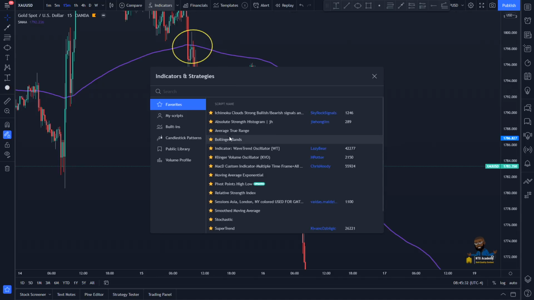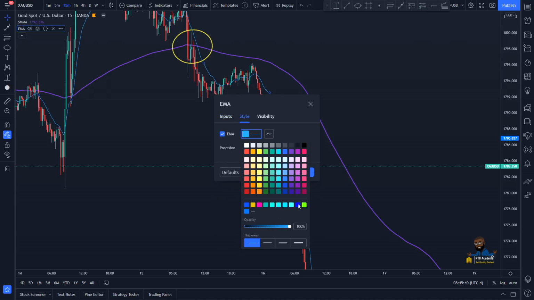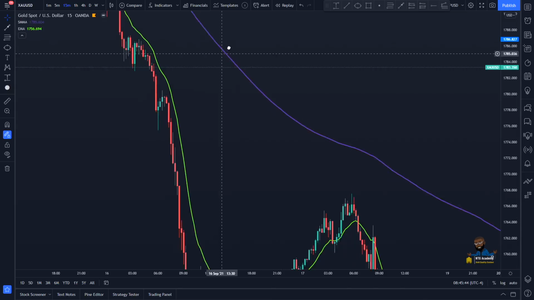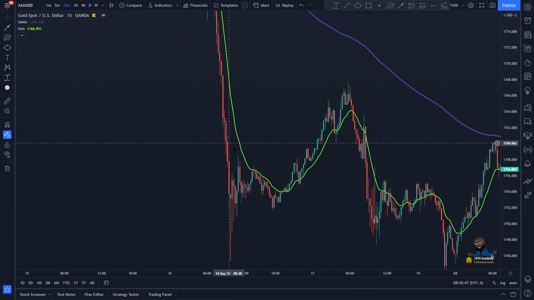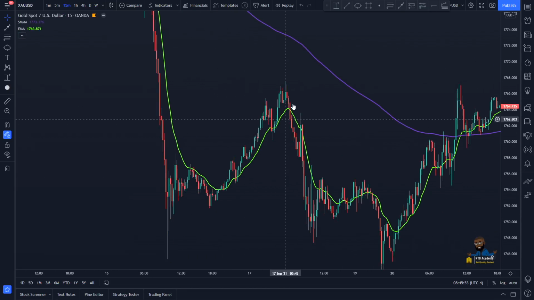So this is how I love to scale into the market using my 15 EMA. My OGs remember this strategy right here on gold, right? I'll just use that 15 EMA because I love it because it's hugging price tight and it will get me those nice re-entries. You guys know that.